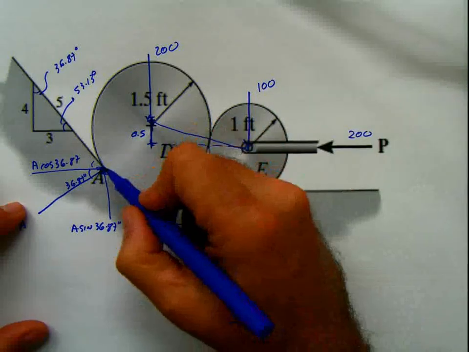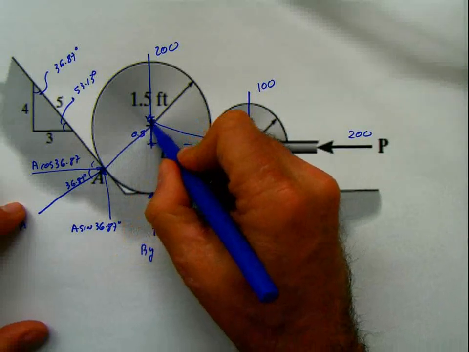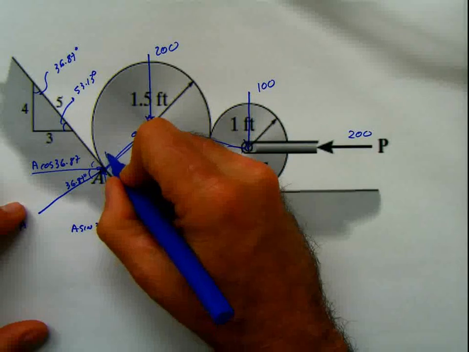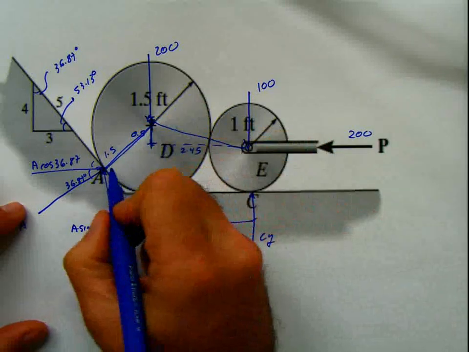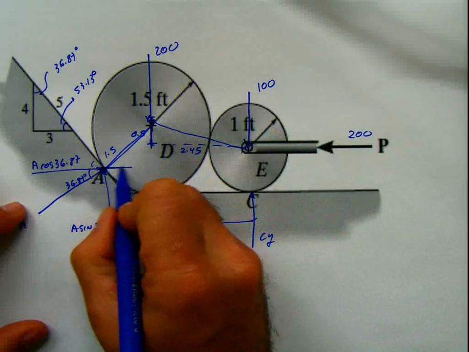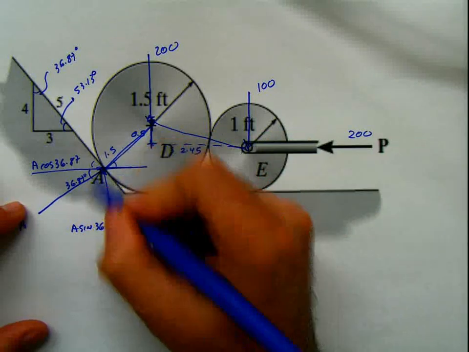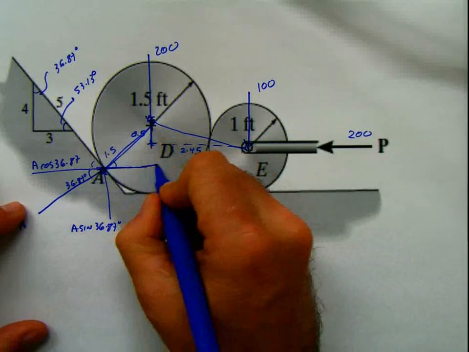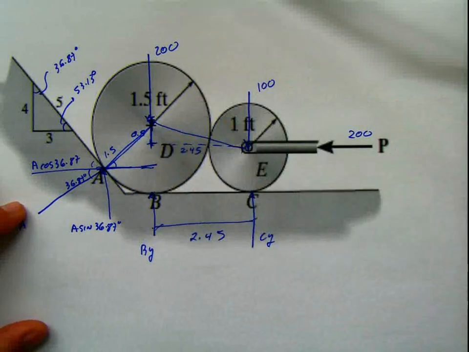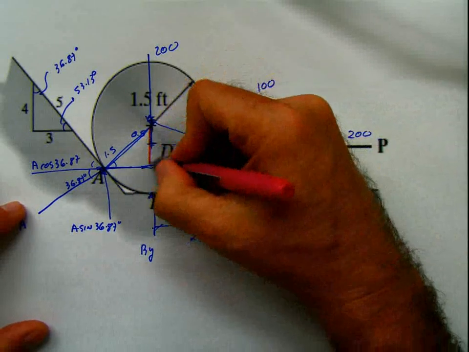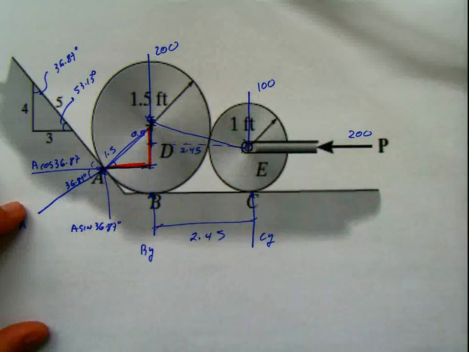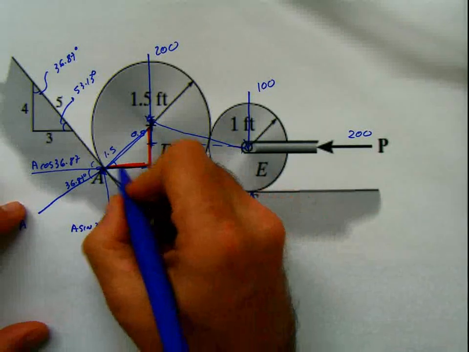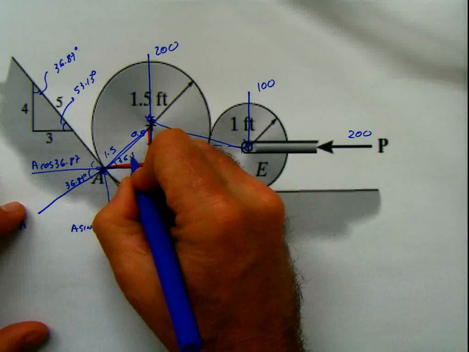Yes, we can, because look, this is 1.5, which is the diameter of that. And I know this angle, which is 36.87. So basically, I'm going to put this in red marker. So basically, this angle is 36.87.